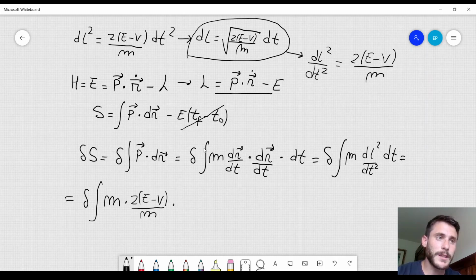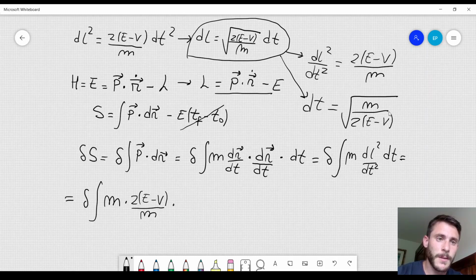So here I have to multiply this by 2, e minus v divided by m, and then I have dt, which I can also rewrite using this equation here, because instead of dt, I want dl. I want to express the integral in terms of dl, which is the trajectory after all. So dt can be rewritten as square root of m divided by 2 e minus v times dl.